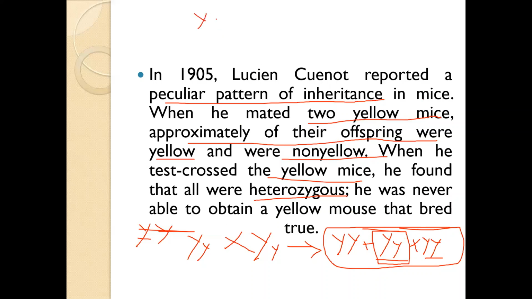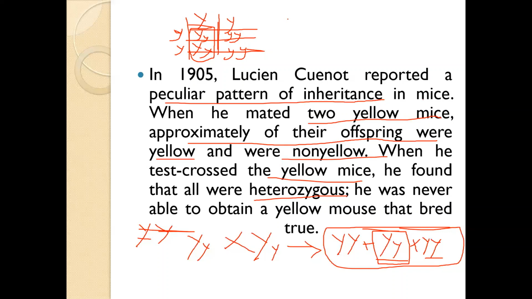That means a cross between capital Y small y with small y small y, we always get a population of mice that is capital Y small y, capital Y small y, and small y small y. That means each and every time you will get mice with a recessive condition and with a heterozygous condition.